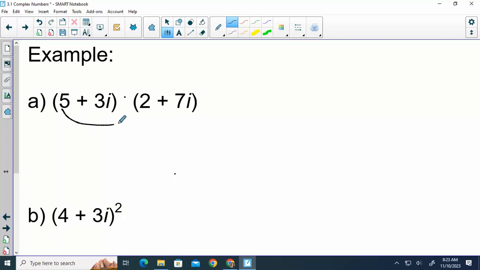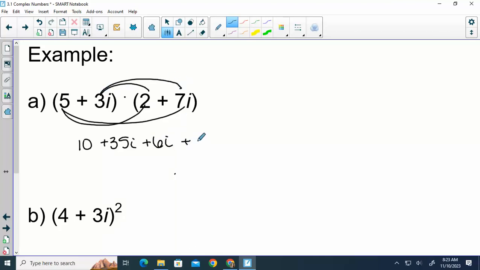So if we FOIL this, 5 times 2 is 10, plus 35i, plus 6i, plus 21i squared. If we add our like terms, we have 10 plus 41i. What would 21i squared turn into? So 21 times negative 1. So then if you add those, your final answer would be negative 11 plus 41i.